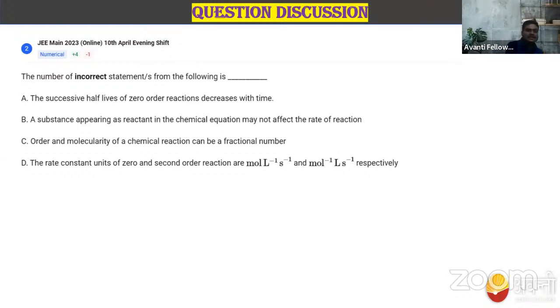So the number of incorrect statements from the following, कितने incorrect statements हैं बताओ जल्दी. बताओ, क्या लग रहा है? Which option is supposed to be right? What do you feel? क्या लग रहा है तुम लोगों को?